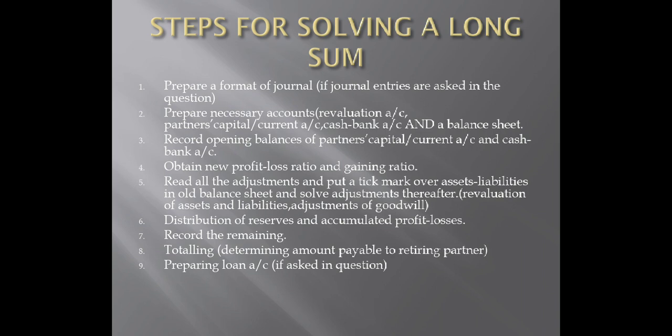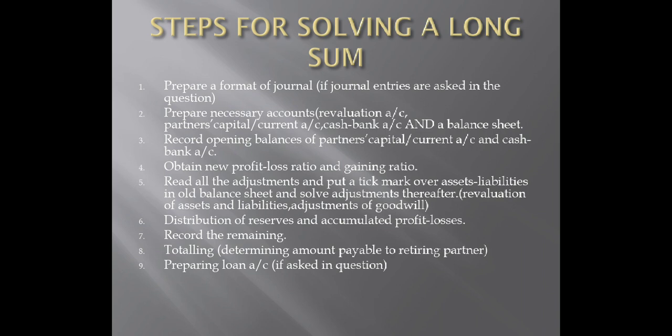Then the seventh step is to record the remaining. Now what is this about remaining? Now we have solved all the adjustments, and as I said, you have put a tick mark over the items having adjustments with them, and then you have also recorded accumulated reserves and profit and loss from the balance sheet. But now what about the items which are not accumulated reserves, accumulated profit or loss?